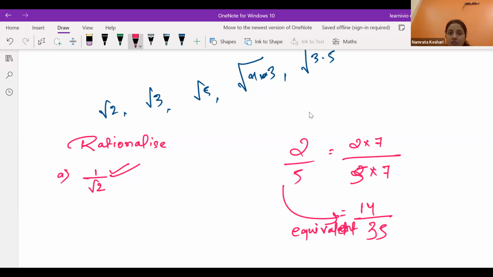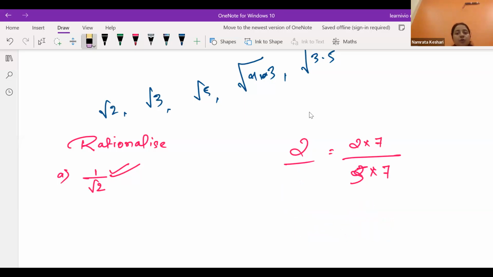Similarly, once we rationalize this 1 by root 2, we are going to get just another version, but our fraction will remain the same. Our purpose is to remove the root from the denominator, because that is the standard form, and most of the time it also helps us in the calculation. So for now let's focus on how to remove the root from the denominator.